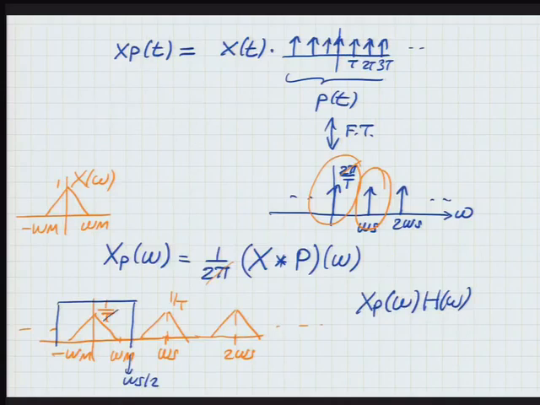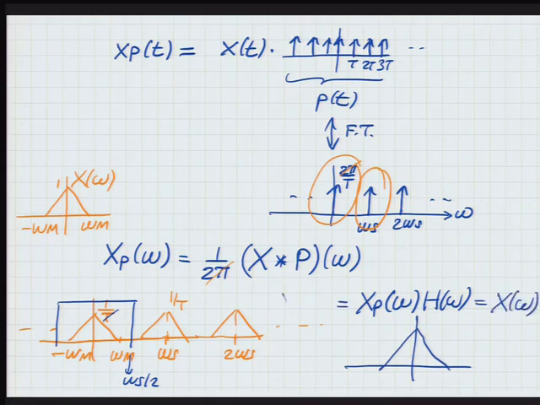So this T goes away. So it becomes back to what it was, 1, if it was 1, right? So therefore, you recover x of omega itself. And of course, the whole point of this derivation is that XR, the reconstructed signal, is this product. So therefore, you get XR equals X.